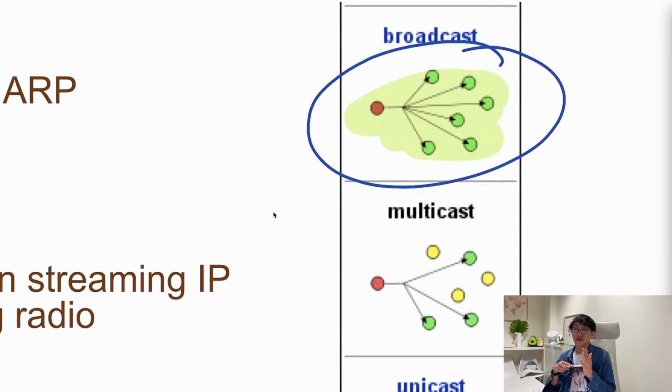For example, it is mostly used by protocols like DHCP and ARP, that you will learn eventually in some other classes. That is for another lecture. But right now you just need to know the difference: unicast is one-to-one, multicast is one-to-many, broadcast is one-to-all.